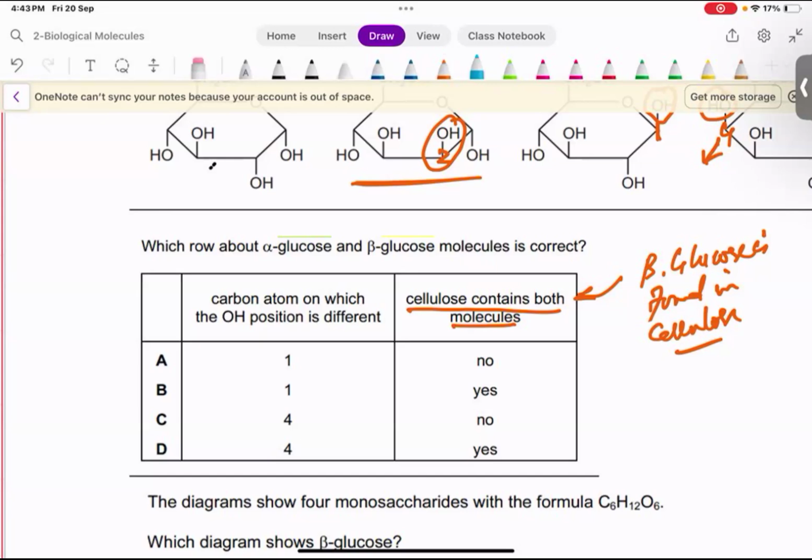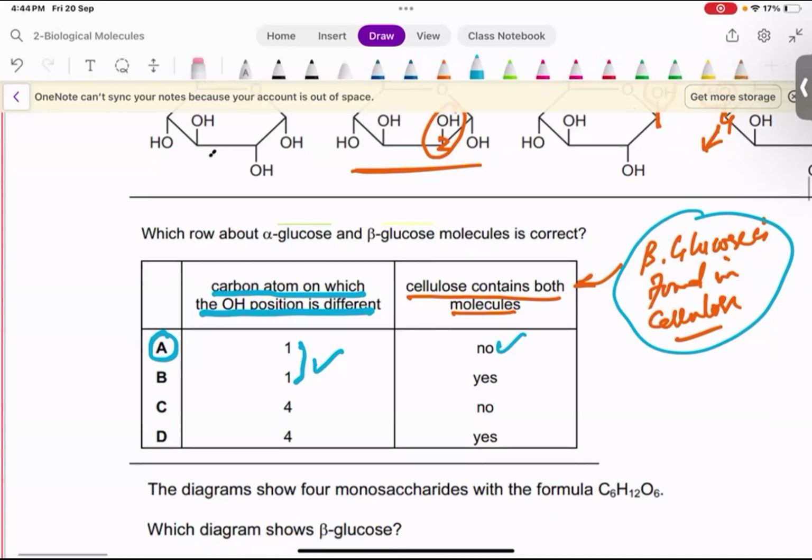The carbon atom on which the OH position is different. On which carbon number is the position different? On 1, on 4? Yes, 1. And does cellulose contain both molecules? No, cellulose contains beta glucose only. So this A is the answer. So A is a correct choice in this case.